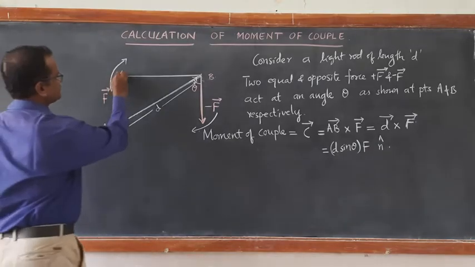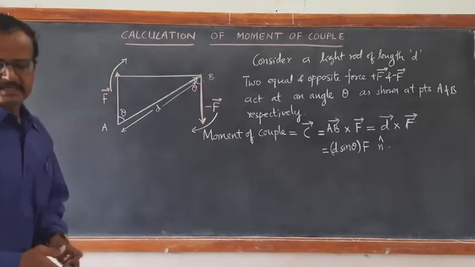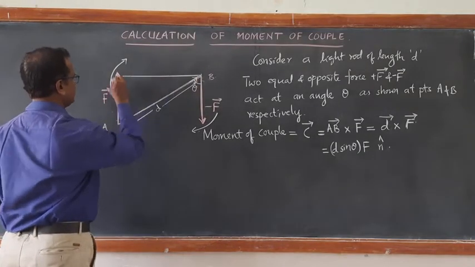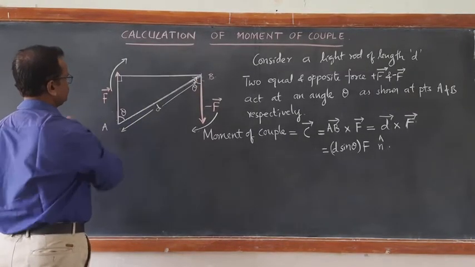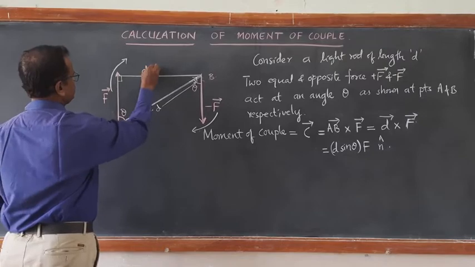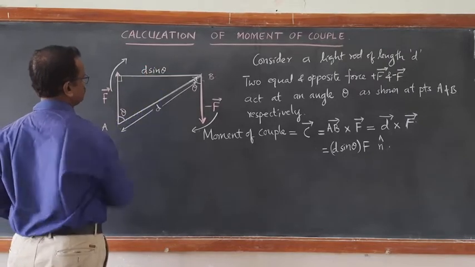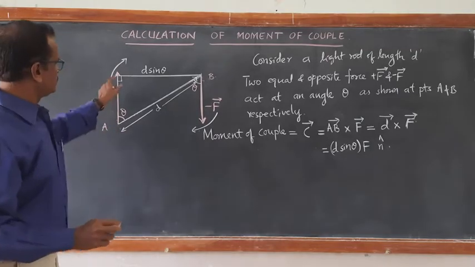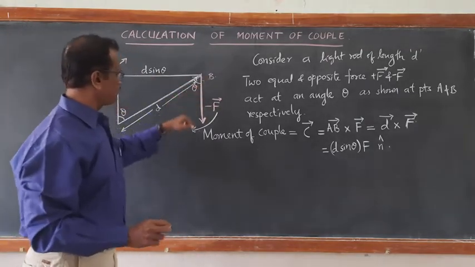And what will be this length? That becomes the perpendicular length. So from this right angle triangle, this is definitely going to be d sin theta. Or even you can take this side. So that's going to be d sin theta. So d sin theta multiplied by force.